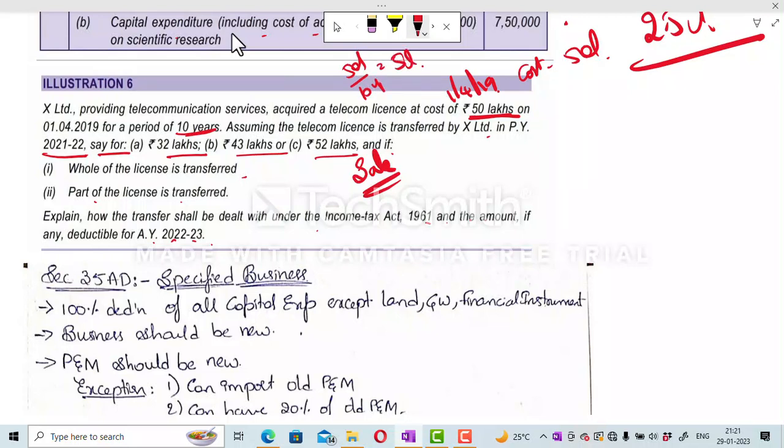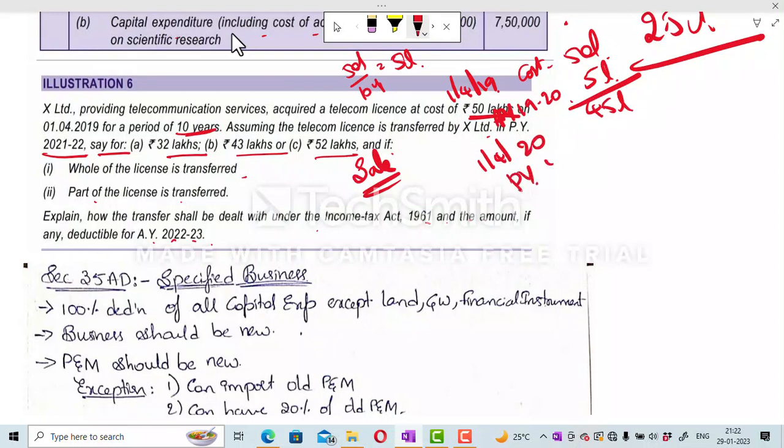Already till 31st March 2021 we have taken the deduction. So 5 lakhs for previous year 19-20; 45 lakhs will be WDV as on 1/4/20.